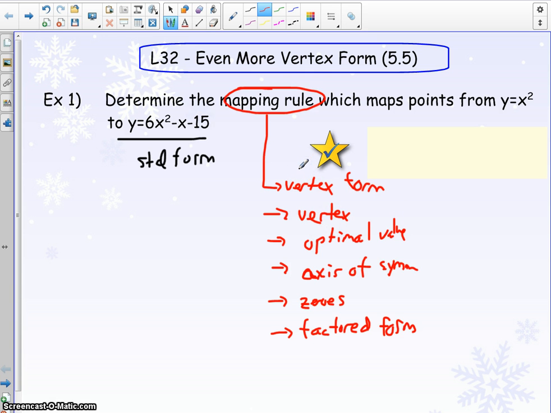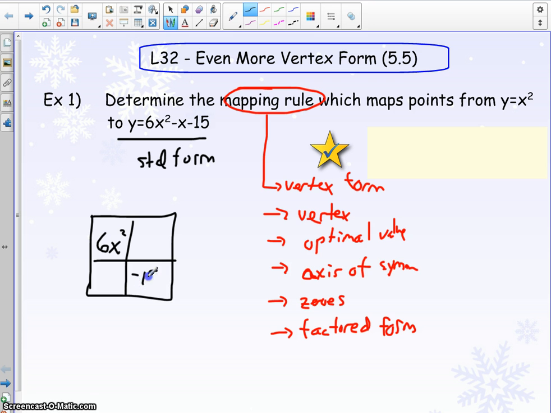There are a lot of steps to this one, and it can take a little while, but we can work through it. First off, I'm giving you standard form. How do we get to factored form? Well, we factor. So let's throw this into an array. I'm going to get 6x squared in here, minus 15. I need two numbers that multiply to negative 15 times 6, which is negative 90, and add to negative 1.